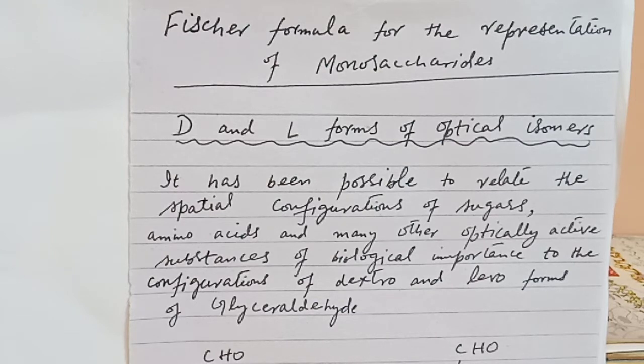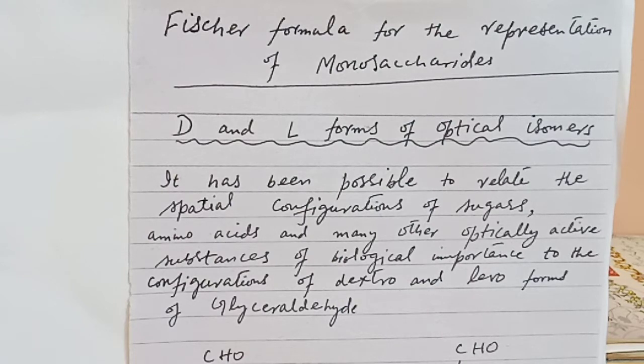When plane polarized light is rotated by an optically active solution of glucose or any other monosaccharide, and the rotation is in a clockwise direction, that sugar behavior is termed dextrorotatory, which is represented by small d.